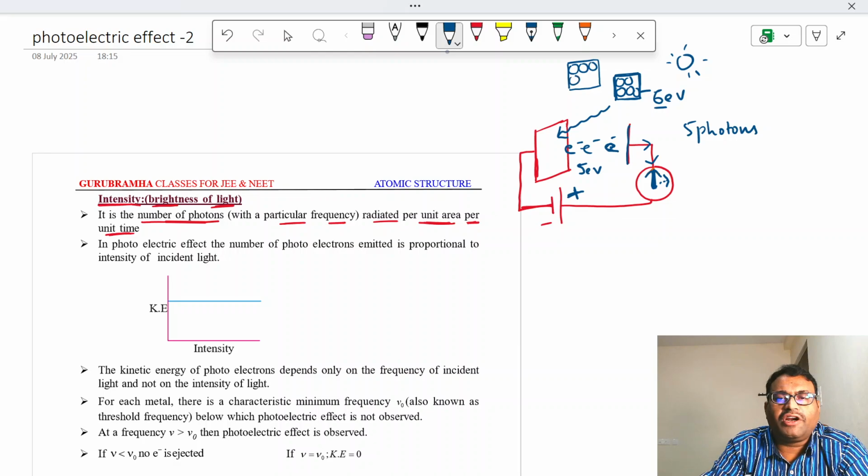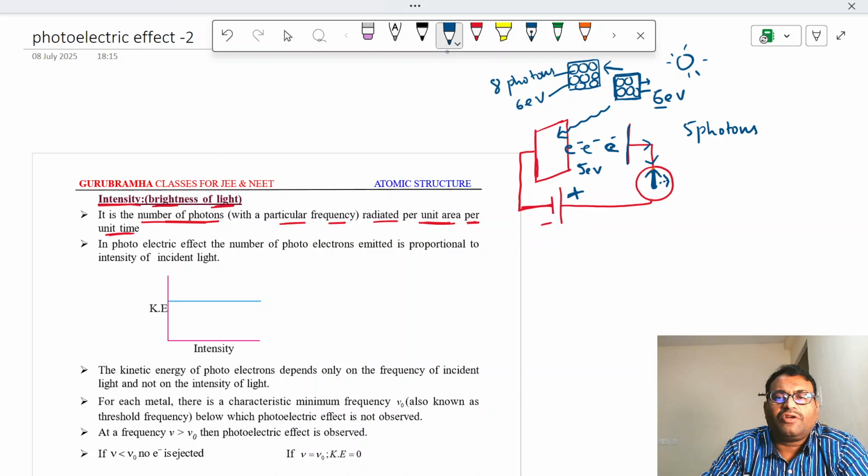If I increase the intensity, that means in that same particular area, more number of photons, like some 8 photons. Here 5 photons, here 8 photons. That means I have increased the intensity. Each photon is having again 6 electron volt. So in that same time, how many electrons come out?